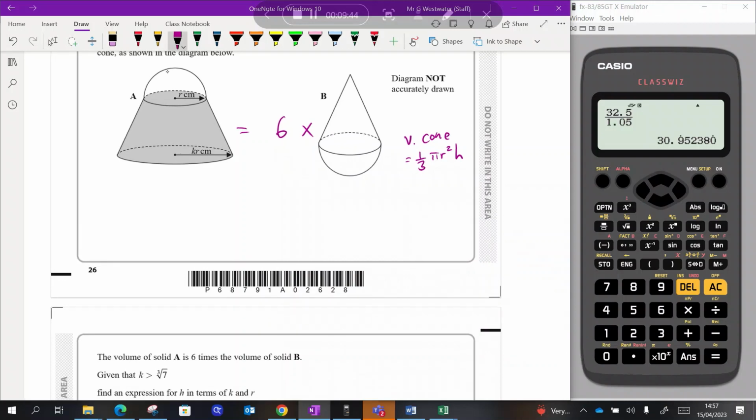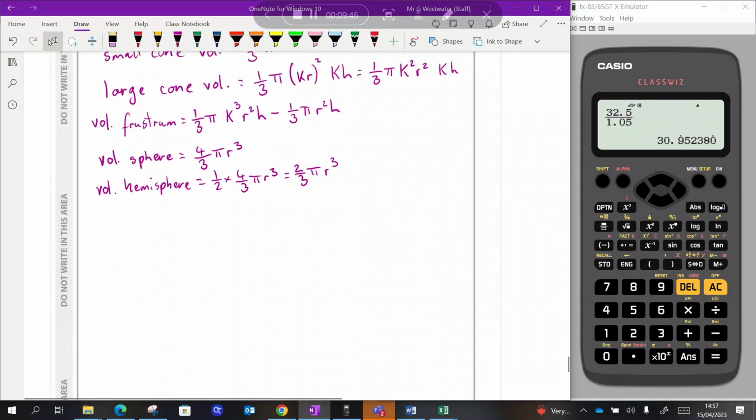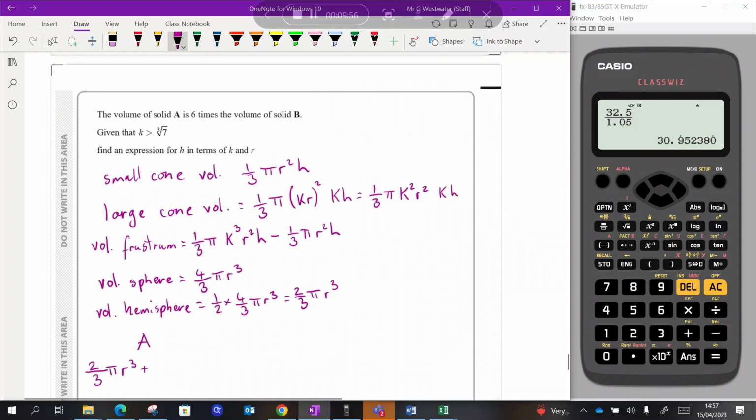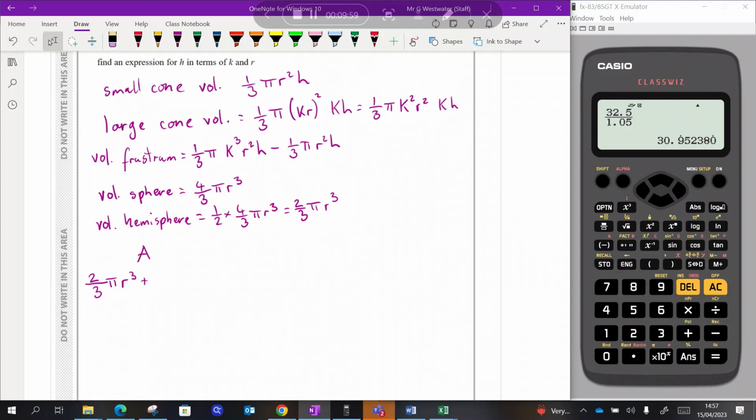So the volume of A, I'll just do this above, is going to be 2/3 pi r cubed plus the volume of the frustum, so plus 1/3 pi k cubed r squared h minus 1/3 pi r squared h.